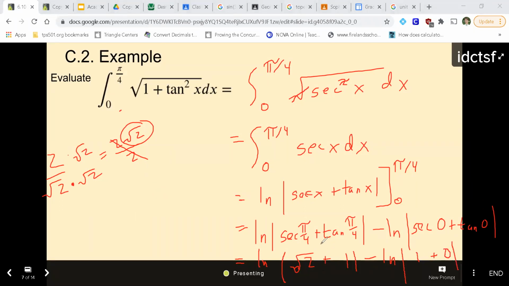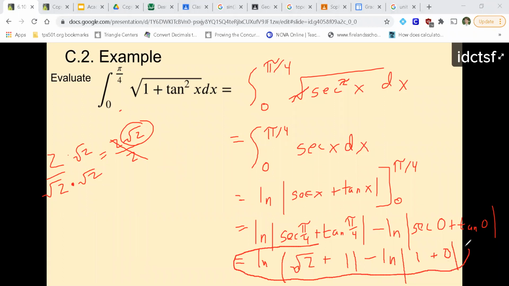And there you go. That's where you would leave the answer. Not much else you can do there. If you type that into your calculator, that is approximately 0.881.